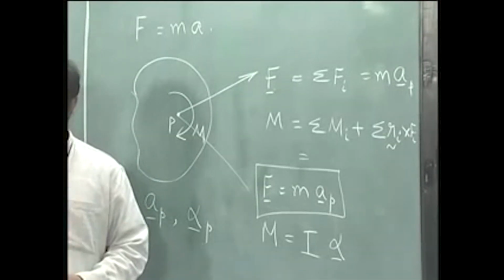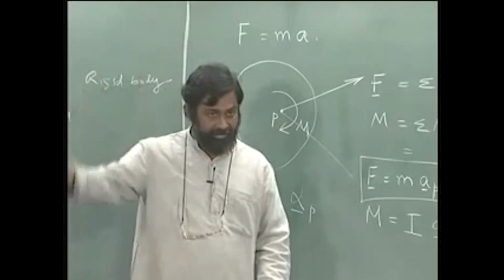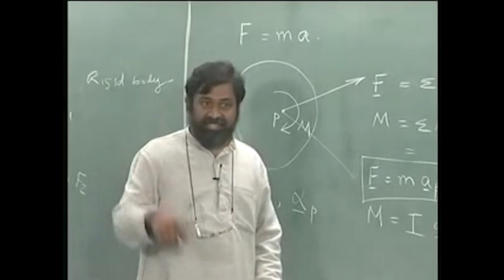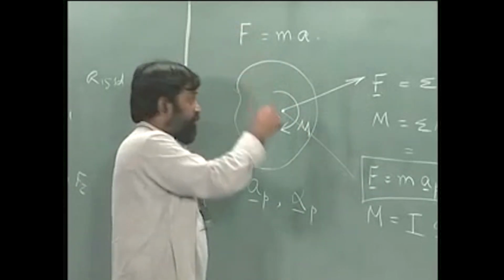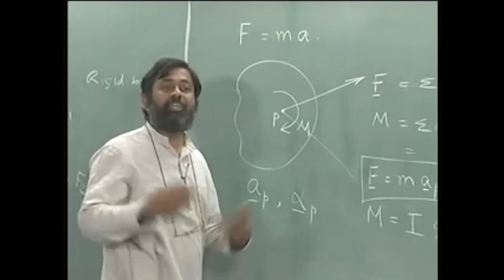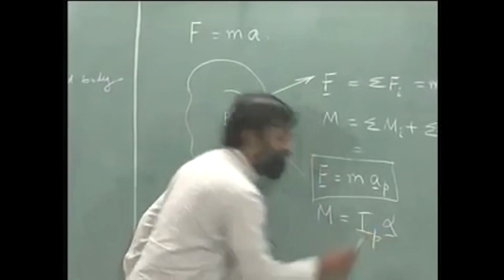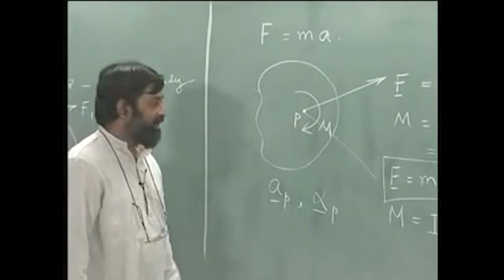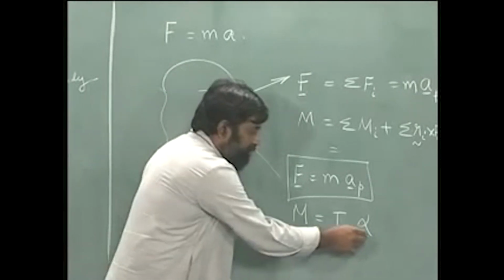I will repeat this again. Supposing it is having an angular acceleration about an axis, and I know the axis, I will take that axis passing through this P and find out the polar moment of inertia IP, and that will give me M equals I alpha. M is a vector, alpha is a vector.